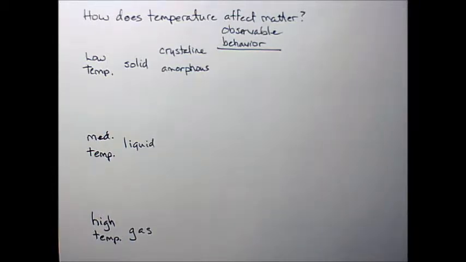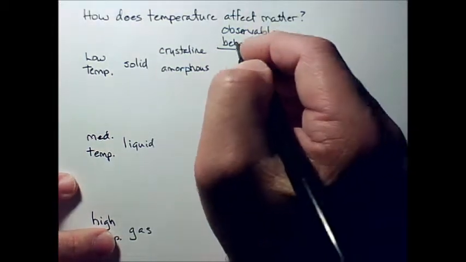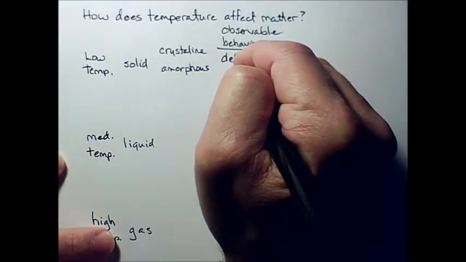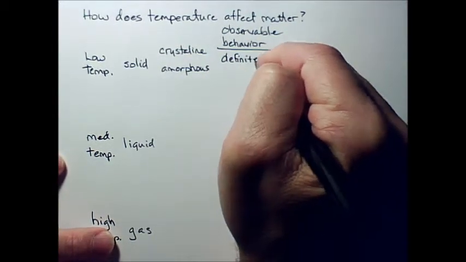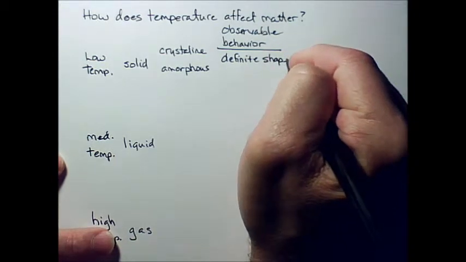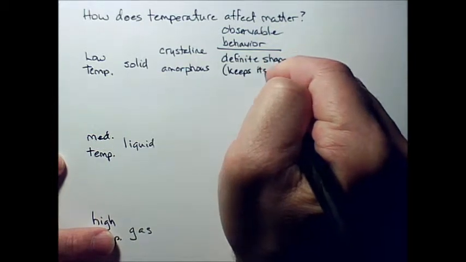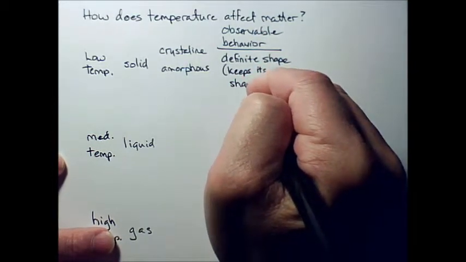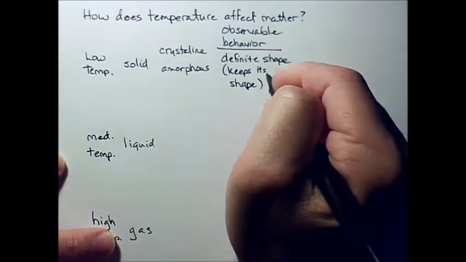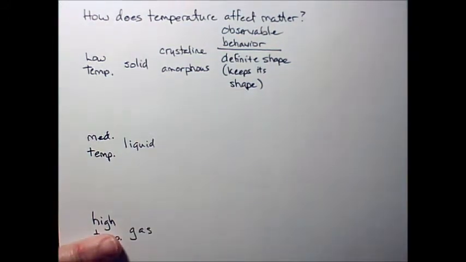So it keeps its shape. All right. So definite shape, which means it keeps its shape. Right? Keeps its shape. That's the observable behavior.